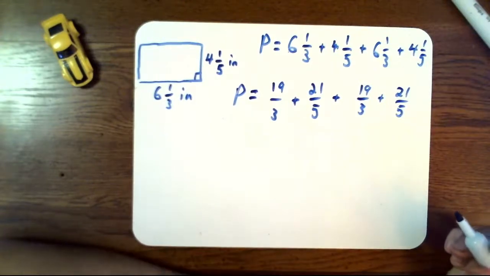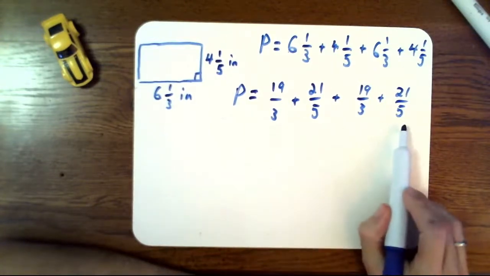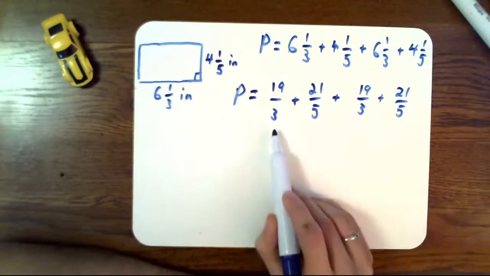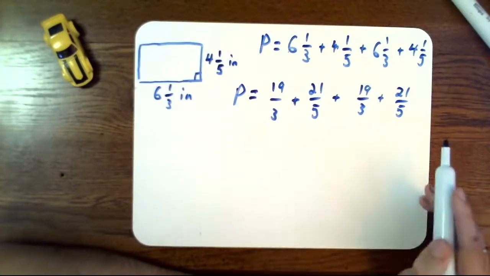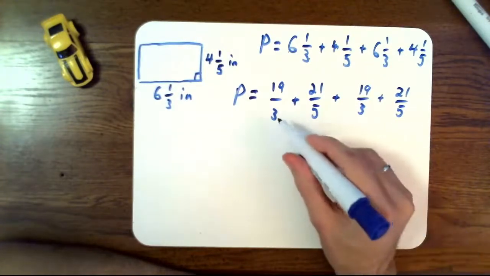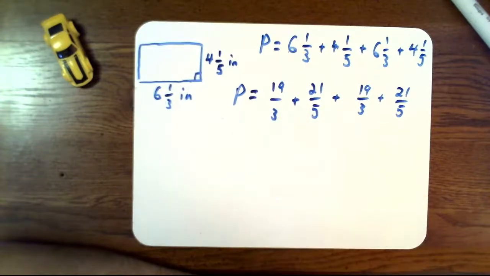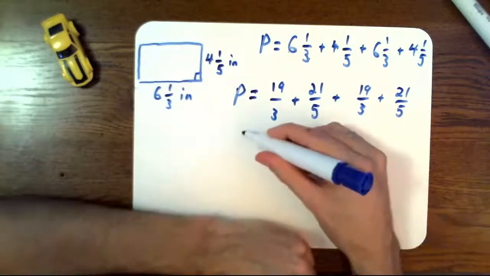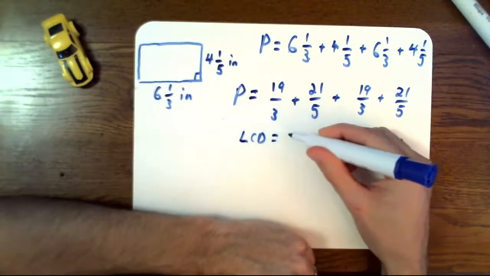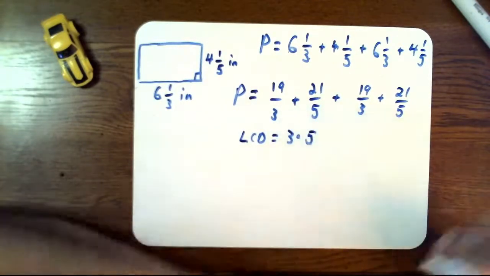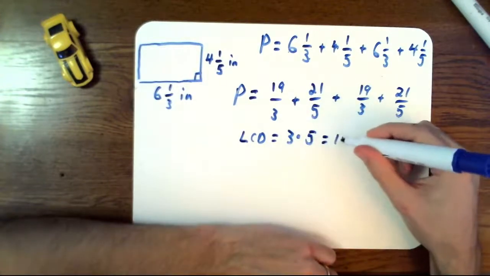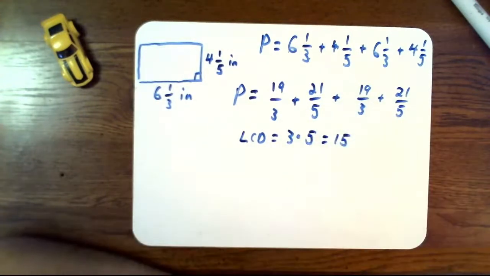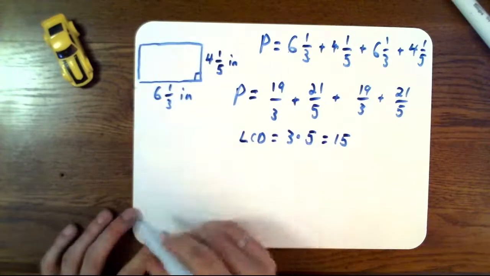So now we cannot add all these because they need a common denominator. Well, 3 and 5 are both prime numbers anyways. And if you have two prime numbers, then your least common denominator is just those two numbers multiplied together because they're both prime. So our least common denominator is 15.